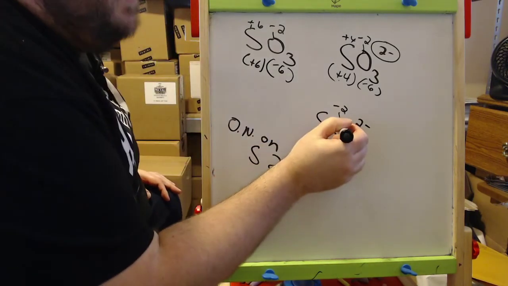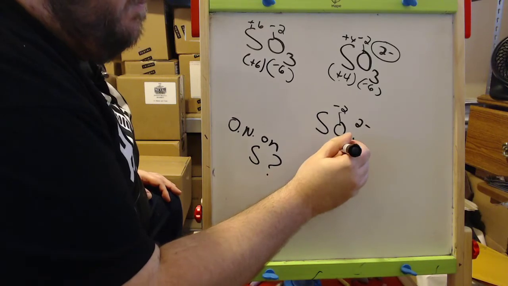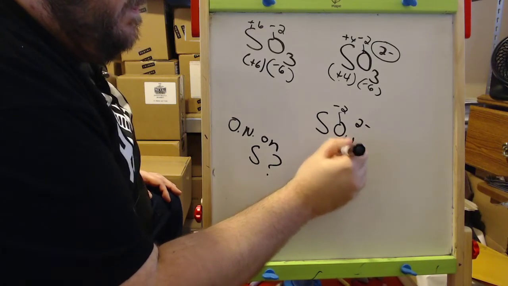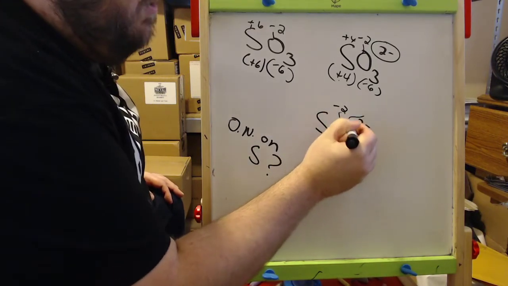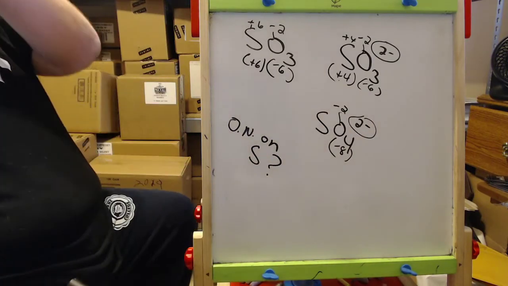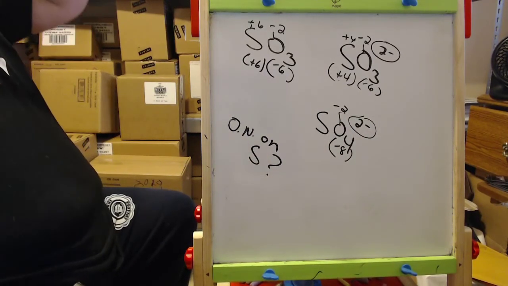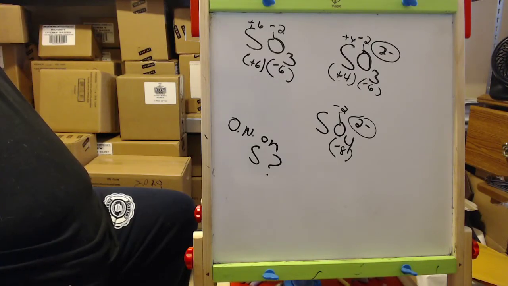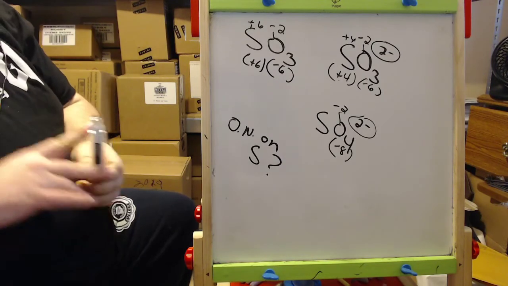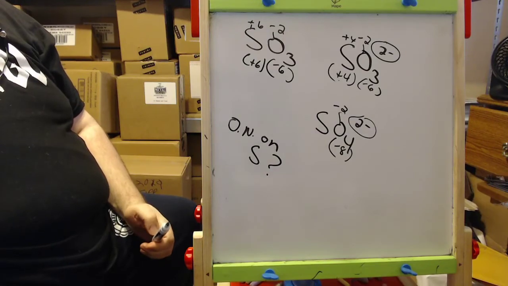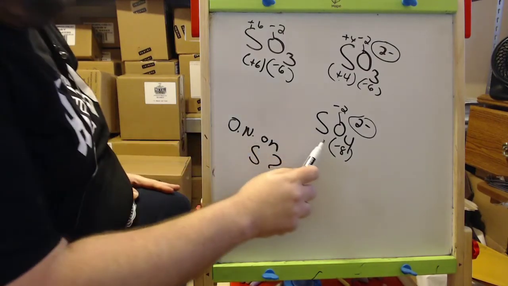Okay, so oxygen, minus 2 times 4, minus 8. Has to equal a minus 2 charge. So what does sulfur in sulfate have to be?